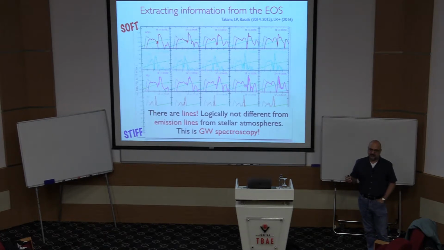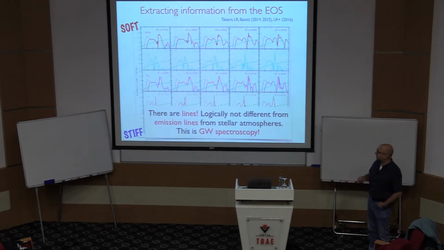If you've taken a course in astronomy and stellar atmospheres, you've learned that you can tell what a star is made of, at least the surface layers, by just looking at the light it emits. And what you do is you look at absorption and emission lines. It is exactly the same. What you are looking at here are lines, they are spectral lines, and so this is gravitational wave spectroscopy.